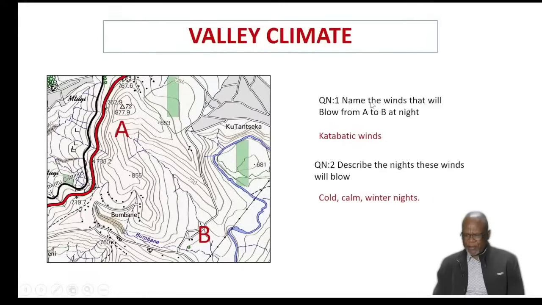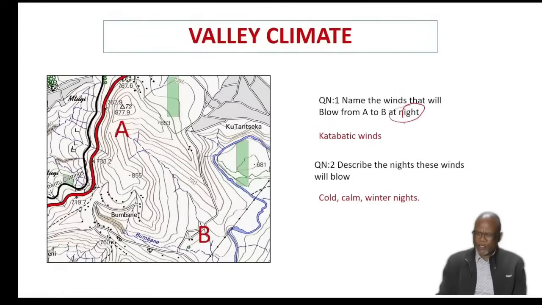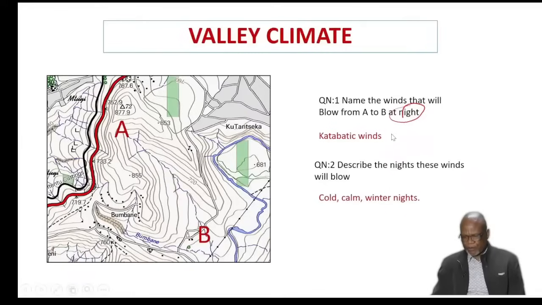So if they say name the winds that will blow from A to B at night, the word night must tell you already that we are talking about valley winds. So long as you see the word night, you must know it is katabatic winds.